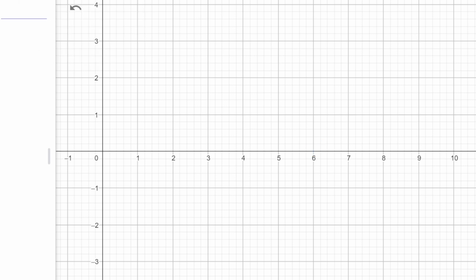So if I keep x as minus 1 by 5, comma, what is the y value? The y value is 0.